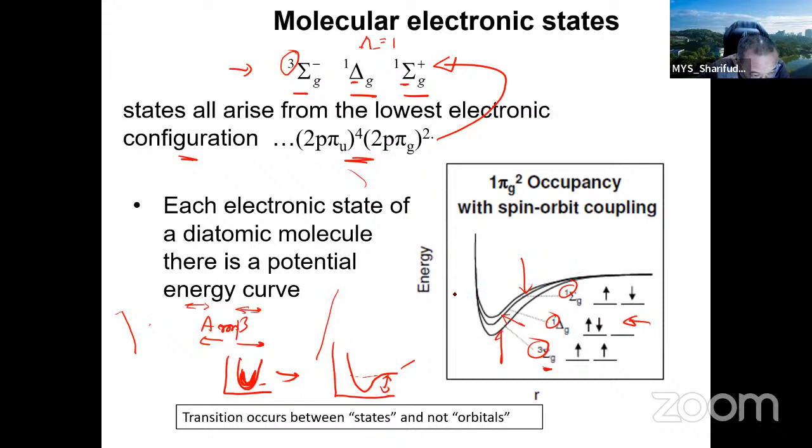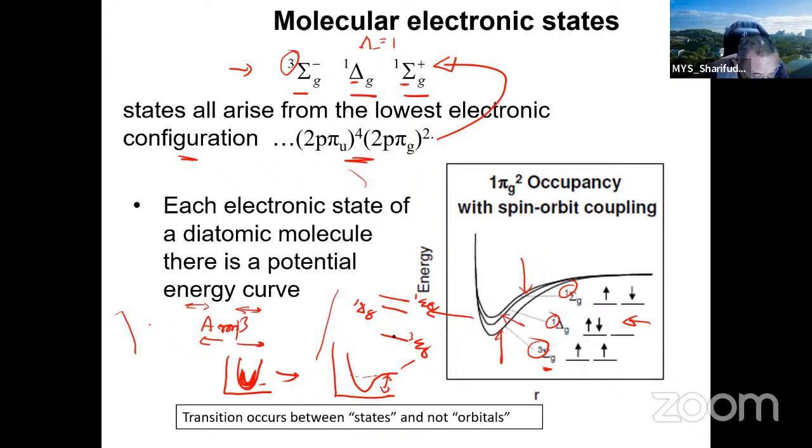So you can think of this as, let me do it again, 3 energy levels like that. This is 3 sigma G, this is 1 delta G, and this is 1 sigma G. So there are 3 energy levels like this. Each energy level can be represented by the curves.